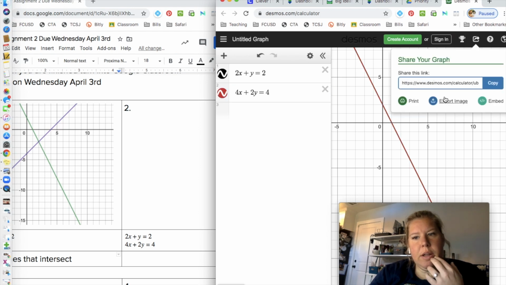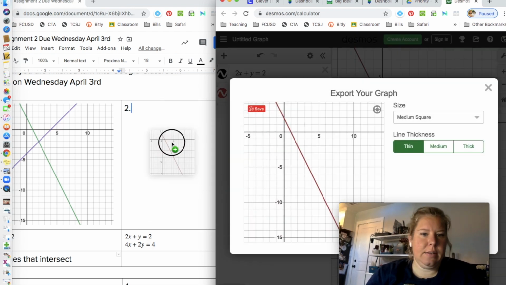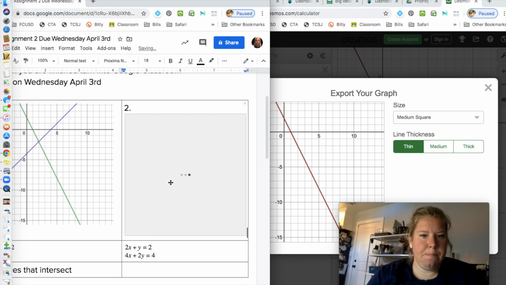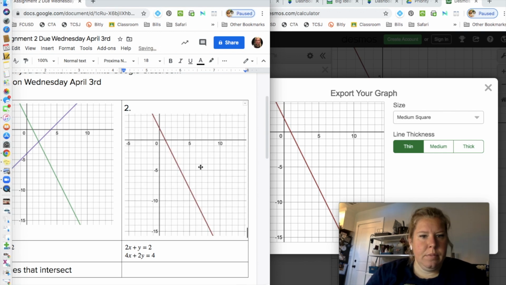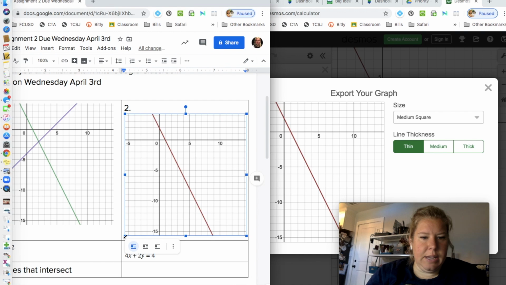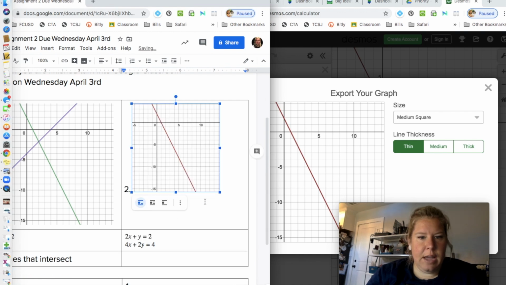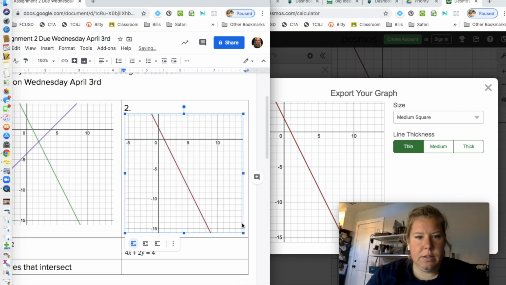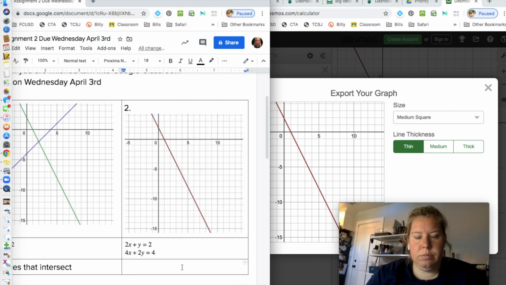Let me export it, drag it. I started with a black line and I ended up with a red line over it. So that makes me know that those two lines are the same, they're just written differently.